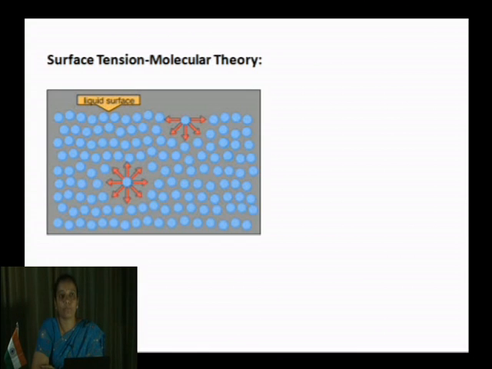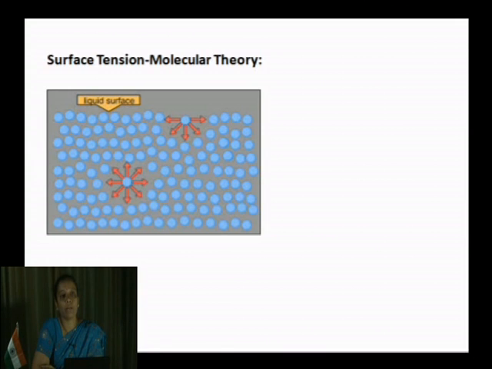So, if we take a single molecule inside the liquid, it exerts a force of attraction or cohesive force in all directions. That is, it attracts its neighboring molecules with equal forces in all directions.